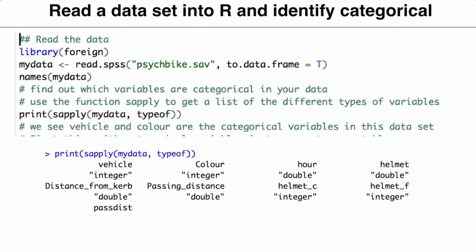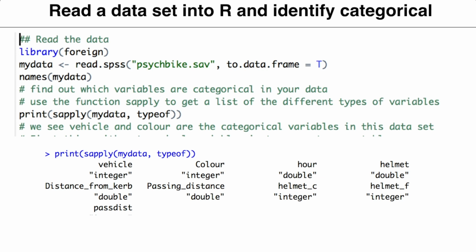and then create an object called myData, and then use this particular symbol, that is a lesser than sign and a dash, and then type read.spss to type in the name of the file, which is in this case sidebike.sav, and specify that you're going to read it into a data frame.